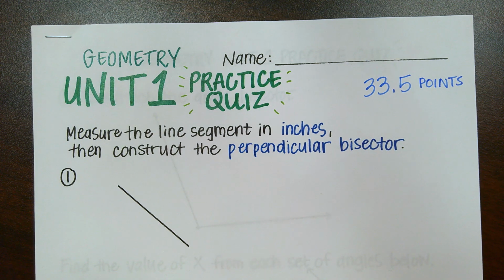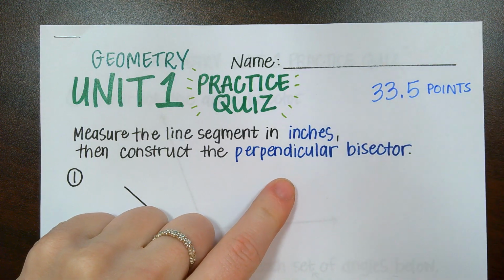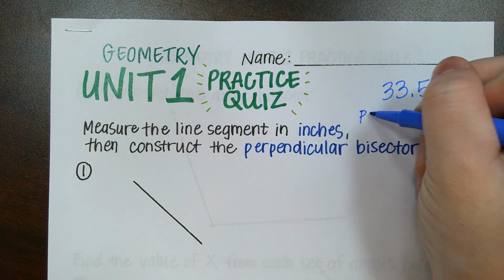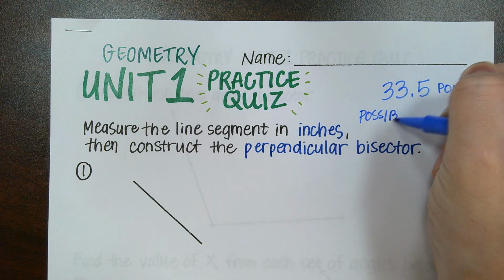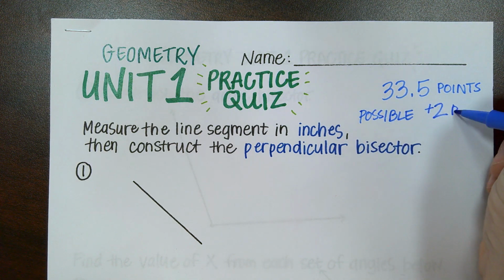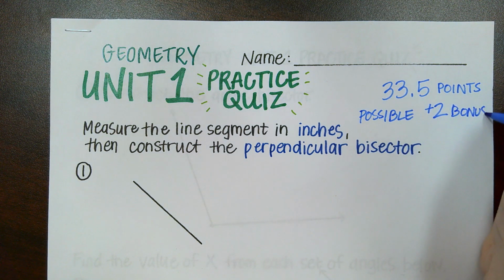So it's about worth the same amount as 3 days worth of exit tickets. And then you have the opportunity on the last page to earn a possible 2 bonus points. And we'll talk about that once we get there.